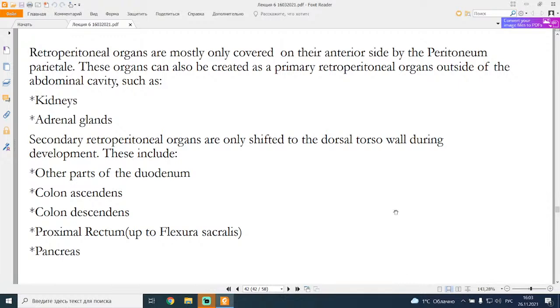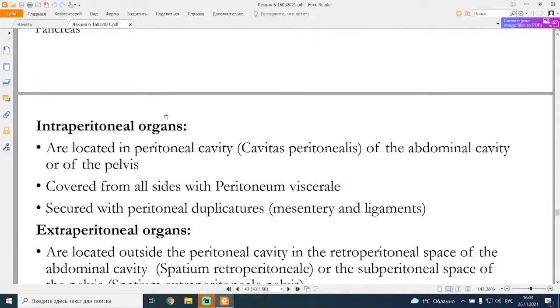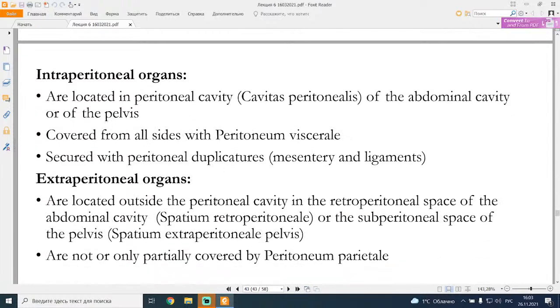Intraperitoneally, retroperitoneally, location of organs: intraperitoneal organs, extraperitoneal organs, two groups. Intraperitoneal organs are located in the peritoneal cavity, cavitas peritonealis, of the abdominal cavity or of the pelvis, covered from all sides with peritoneum viscerale, secured with peritoneal duplicatures as the mesentery and ligaments.